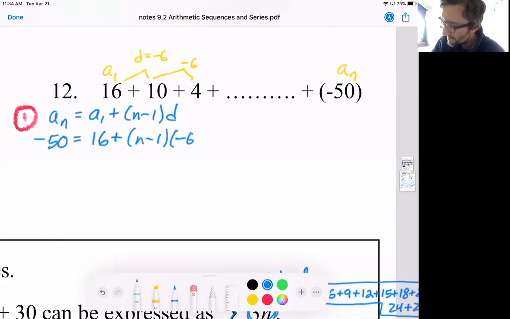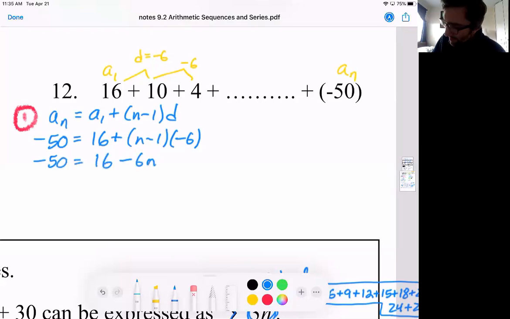And the common difference is negative 6. Make sure you use parentheses around that negative 6. And then simplifying, we would have 16 minus 6n plus 6. That's from distributing this negative 6. So that gives negative 50 equals 22 minus 6n.